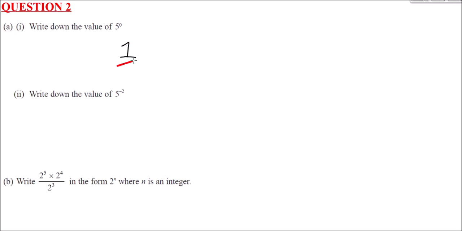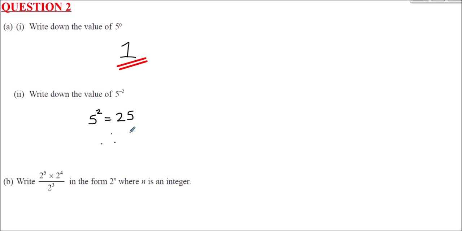The next one here, write down the value of 5 to the minus 2. My suggestion with negative powers is to leave the negatives till last and treat the power as positive. So 5 squared, taking this 2 as a positive 2, not a negative, 5 squared equals 25.